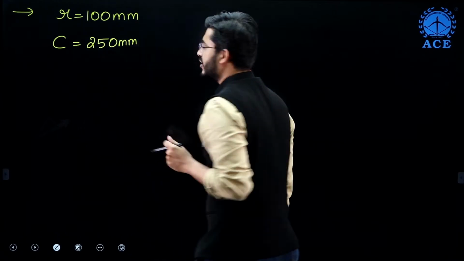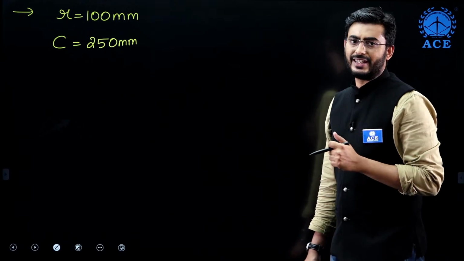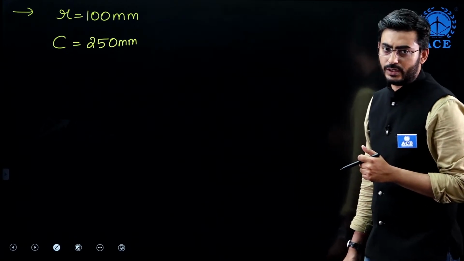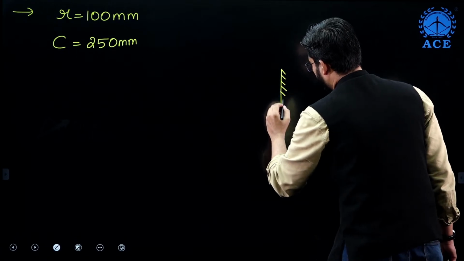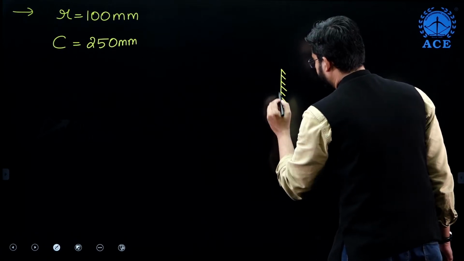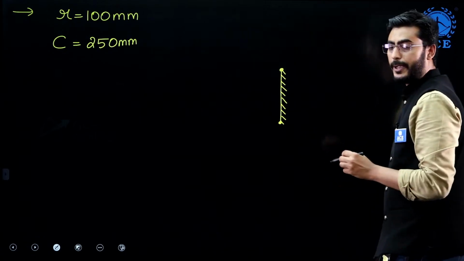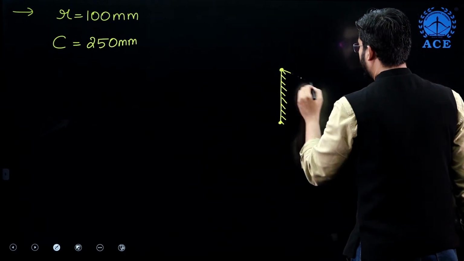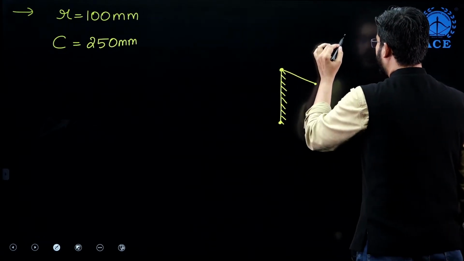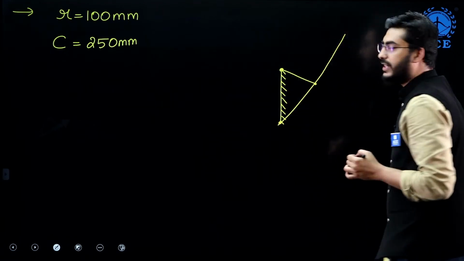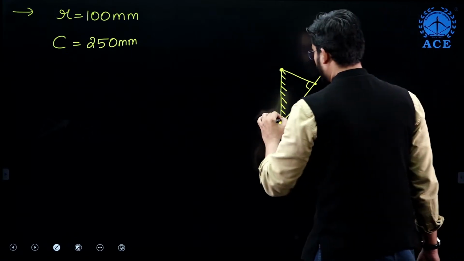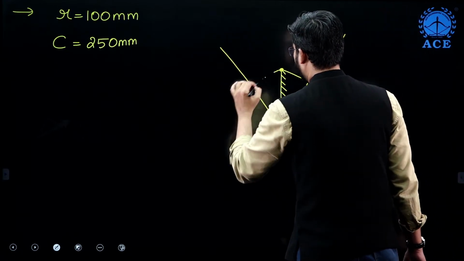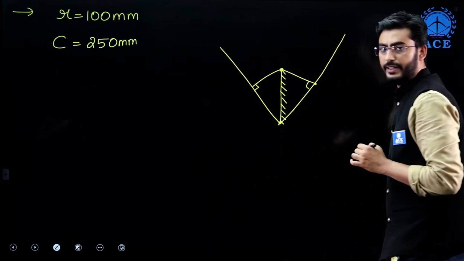So here the first bit asks us to calculate the inclination of the slotted bar with the vertical. So let me redraw the mechanism. This is the length of the fixed link. At the extreme position, the crank is going to make an angle of 90 degrees with the slotted bar. At the extreme positions, the angle between the crank and slotted bar will be 90 degrees.